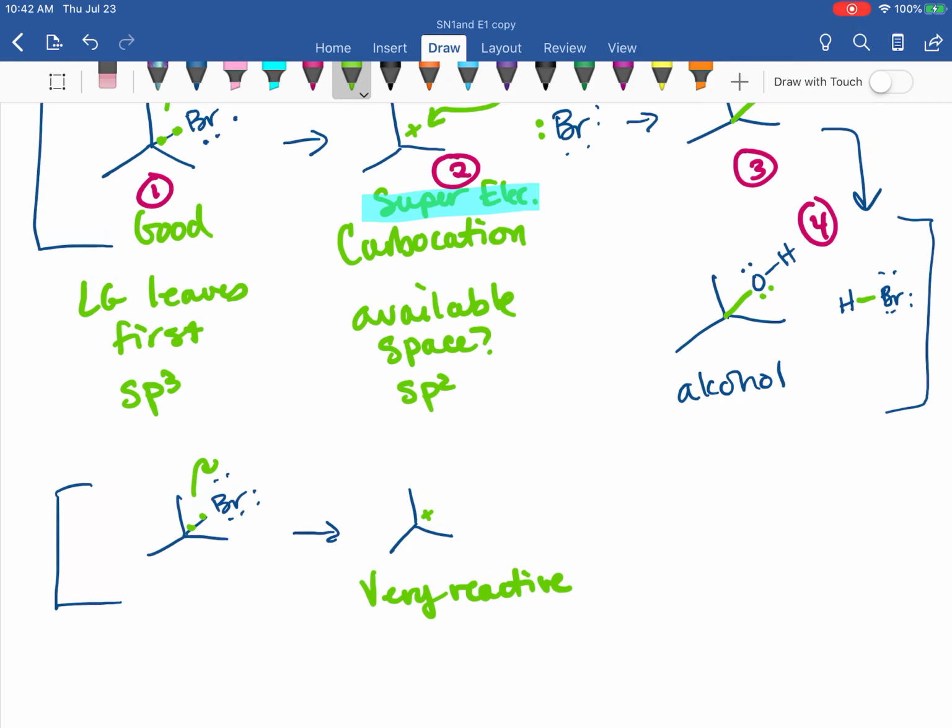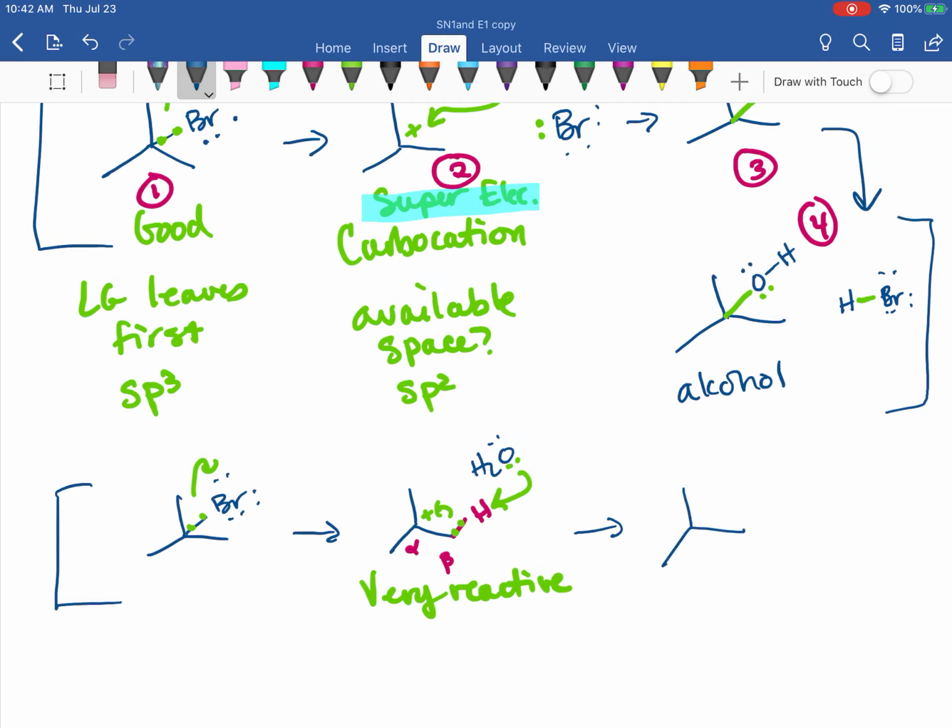Okay, water is pretty stable. So, and you've got 1 million of them floating around. It could also bump into, wait for it, a beta hydrogen. It's literally a competition. Do you fill in the carbocation or do you bump into the hydrogen?